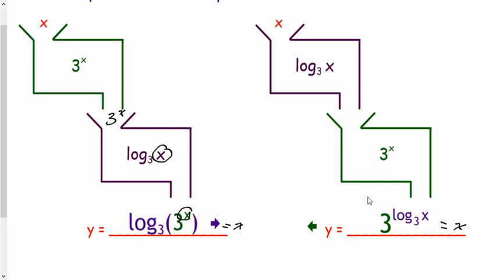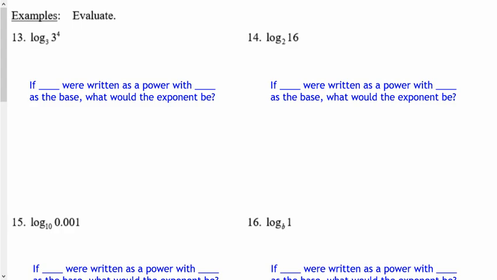Now let's look at a couple more examples. Here I put in some statements that aren't included in your notes, just again to get those words in our head. We want to evaluate each of these logarithms. So here, if something were written as a power, well, what's the something? That's what the logarithm is operating on.